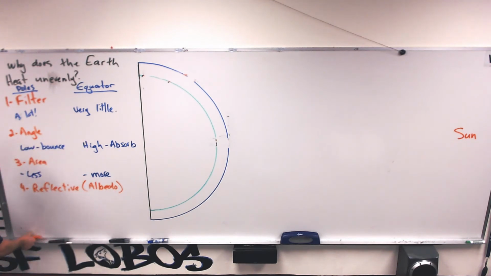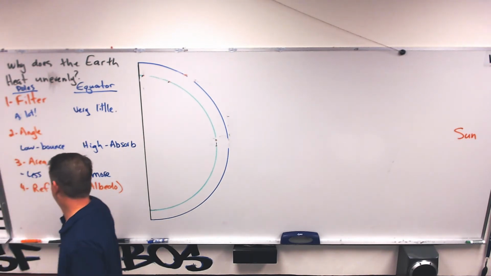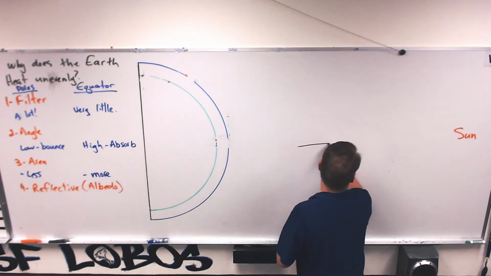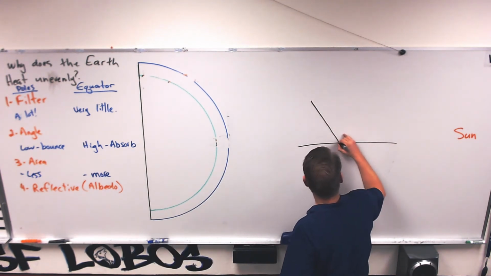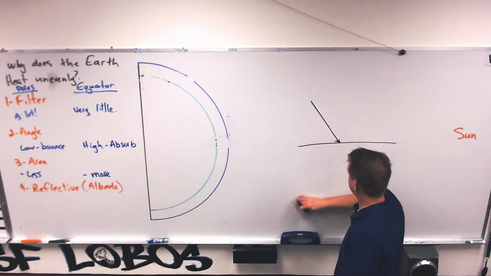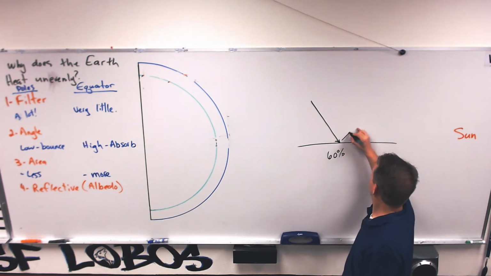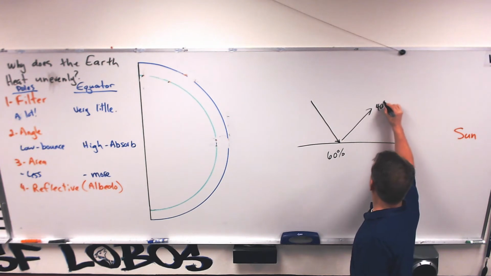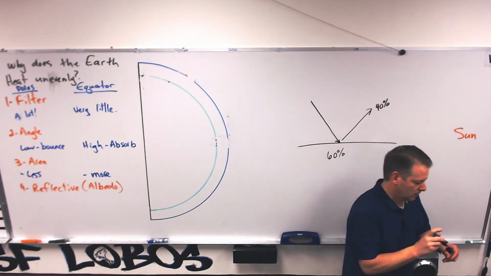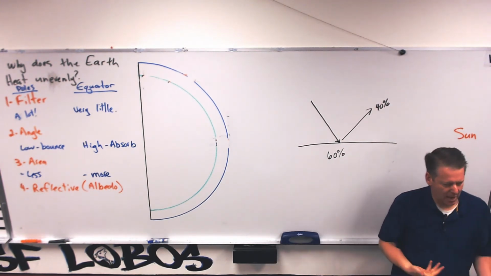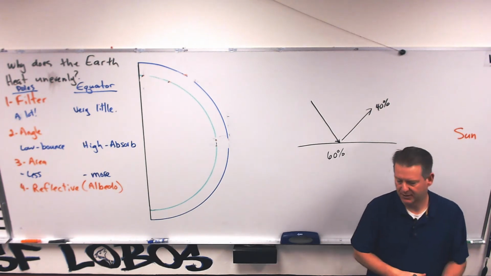Albedo means if I have an area like this and I'm shining light down onto that, let's say that 60% is absorbed, then the albedo would be 40. So albedo tells you how much light is coming off of this.